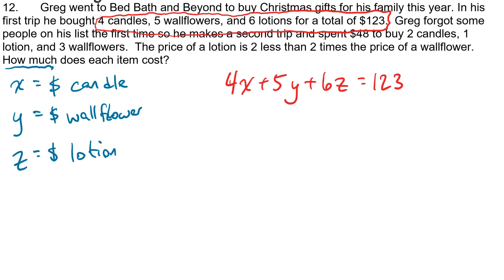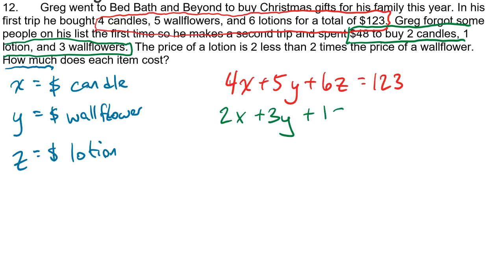If we look at his second trip, he spent $48 to buy all of this, so that's 2 candles, 2x. Sorry, these are out of order this time. 3 wallflowers, so 3y. 1 lotion, lotion was z, so plus 1z was equal to 48.